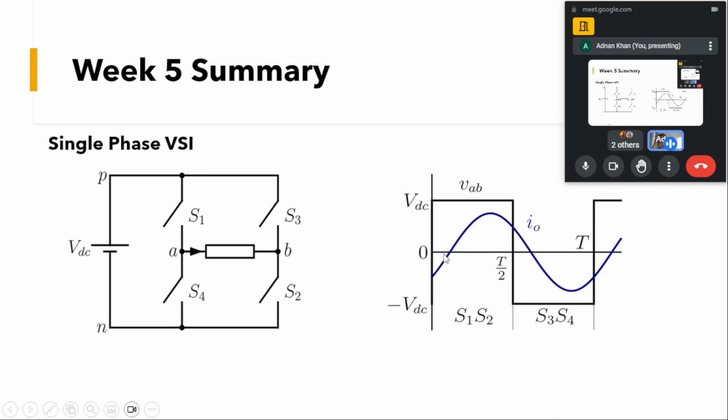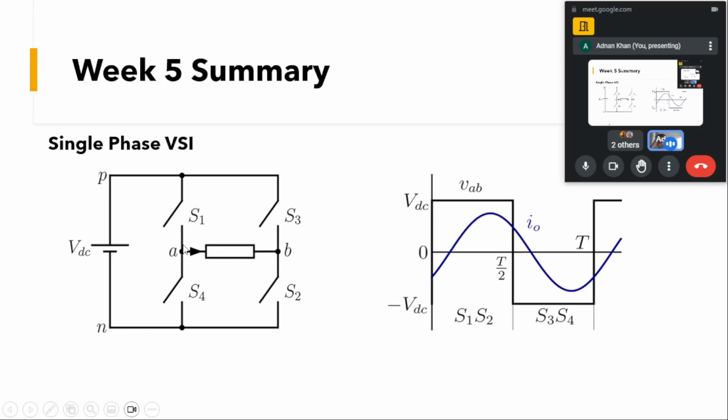This is only to emphasize one thing: this load current can be positive when the voltage is positive across this VAB. We can have a current that is positive for a certain time and negative for a certain time. So when the current is positive, it will follow this path.